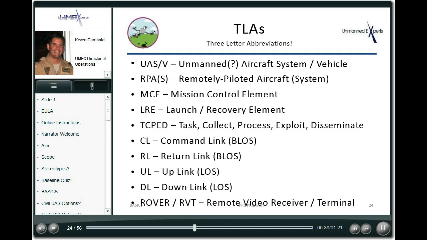MCE and LRE we just looked at in the last slide. And further down, an overview of the entire process is known as TCPED, tasking, collection, processing, exploitation, and dissemination. And hopefully throughout this course, you will see a piece of each one of those.